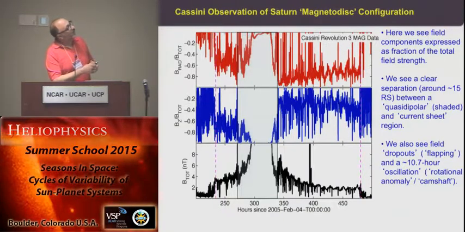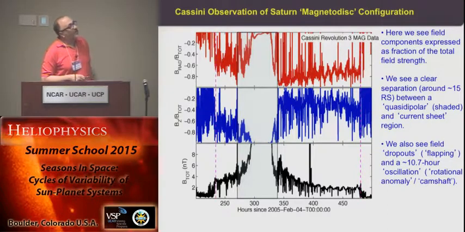This shaded region here is within about 15 Saturn radii of the center of the planet, and if you look at the field component ratios, it's the north-south component here that has a magnitude close to 1 and is dominant in that part. This is the quasi-dipolar region, and then in the outer magnetosphere, or the so-called current sheet region, it's BR over B total that dominates. So there's quite a clear separation between the two.